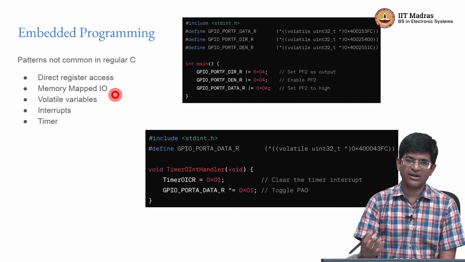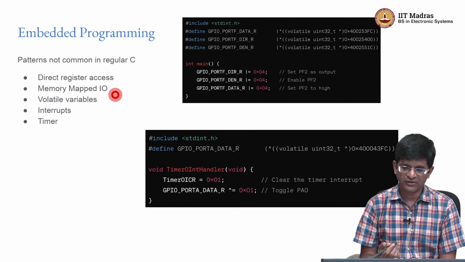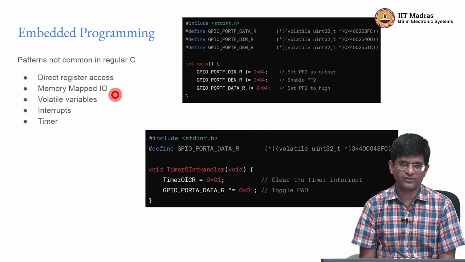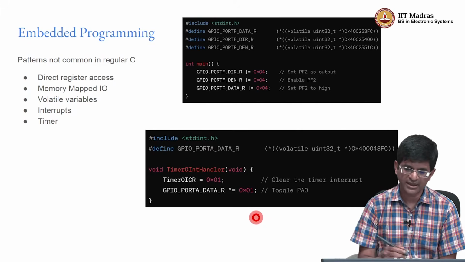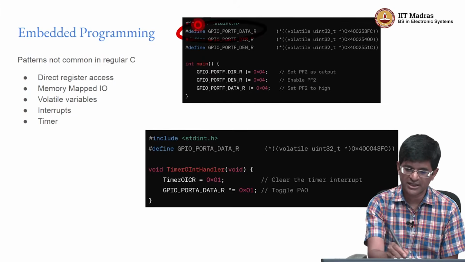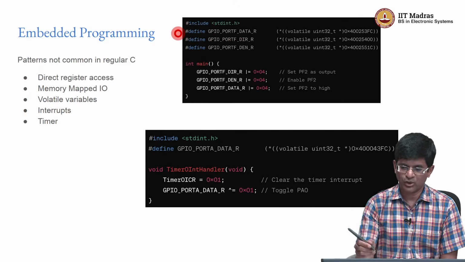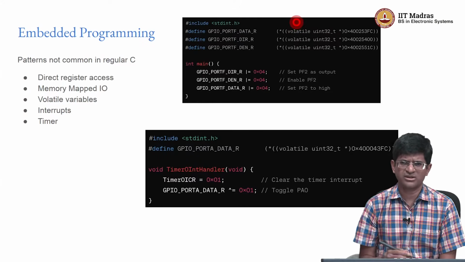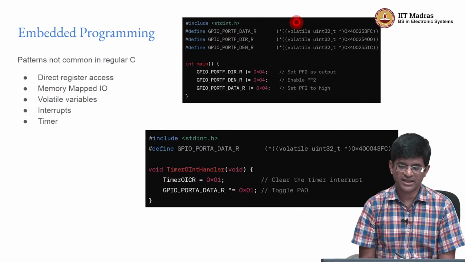So what I have on this screen are a couple of different snippets of what a portion of embedded code could look like. And as you can see, there are a whole bunch of hash defines out here. And if you look at the hash defines, there are many things out here that don't look very appealing. There is this keyword volatile, which you would probably never have come across in a regular C program.